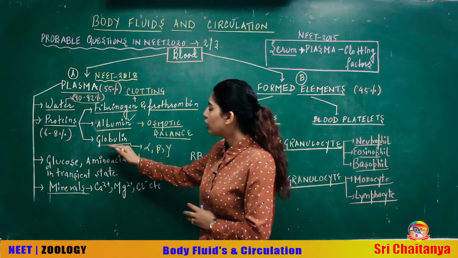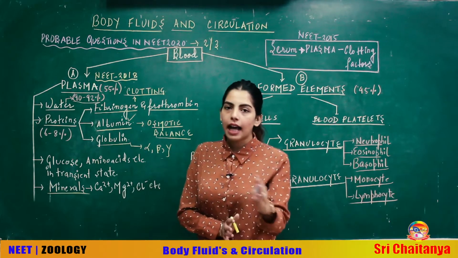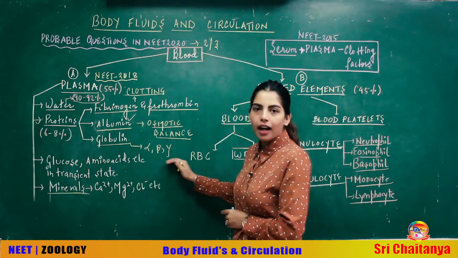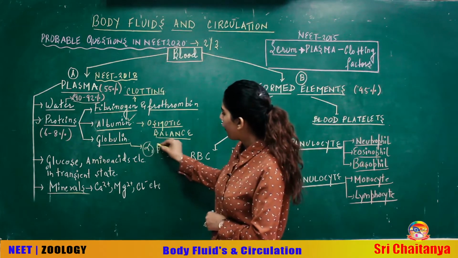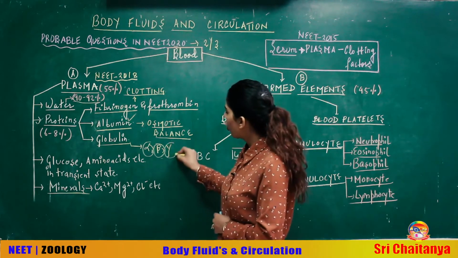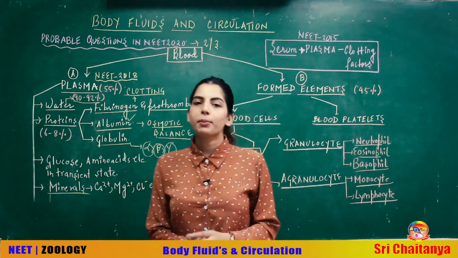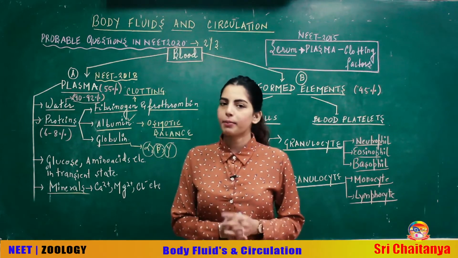Also talking about the third protein, which is globulin, it is of 3 types: alpha, beta and gamma. Alpha globulin and beta globulin help in transport, whereas gamma globulins are responsible for production of antibodies, hence helping in the defense mechanisms.